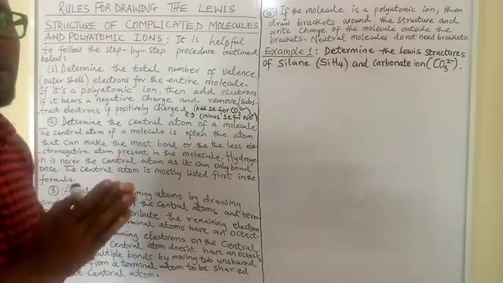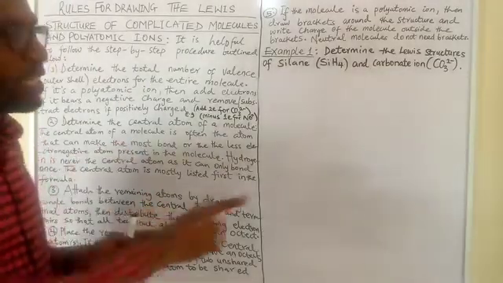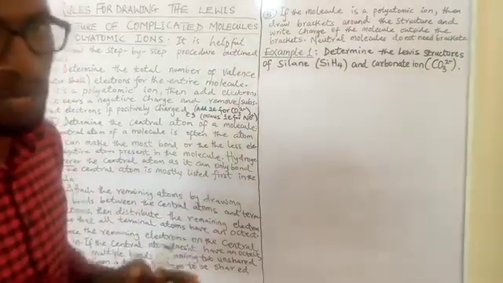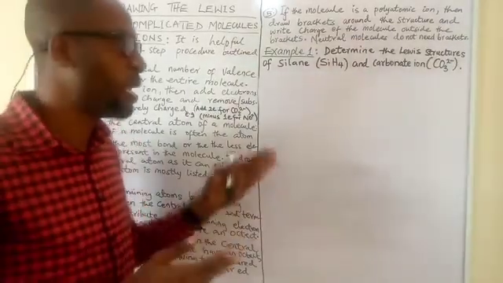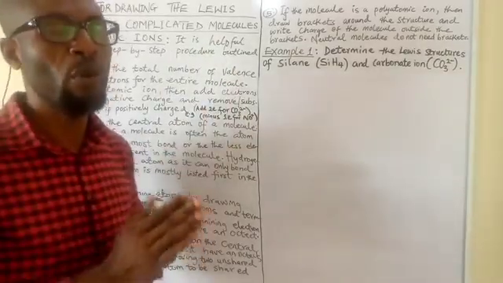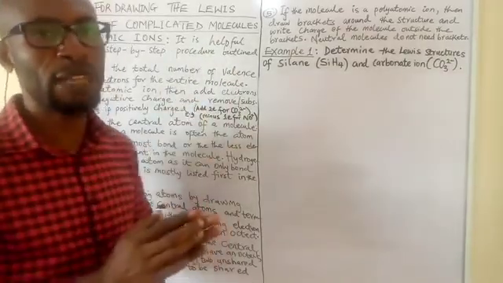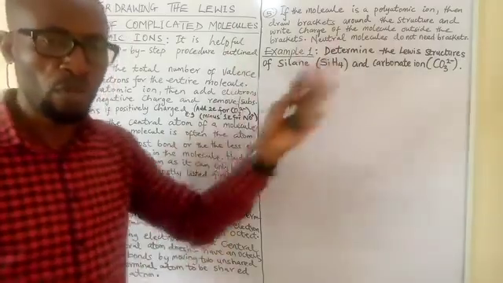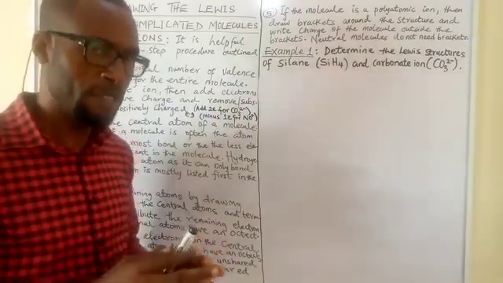When you do this, you are most likely going to have the octets of all the atoms involved in that molecule complete. In some other instances, when that does not happen, you also pick two lone pairs of electrons from another terminal atom and join it up, perhaps to make the triple bond, which we will talk about in the next video.